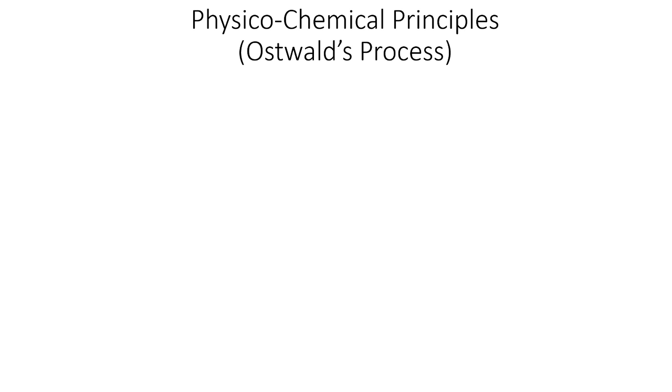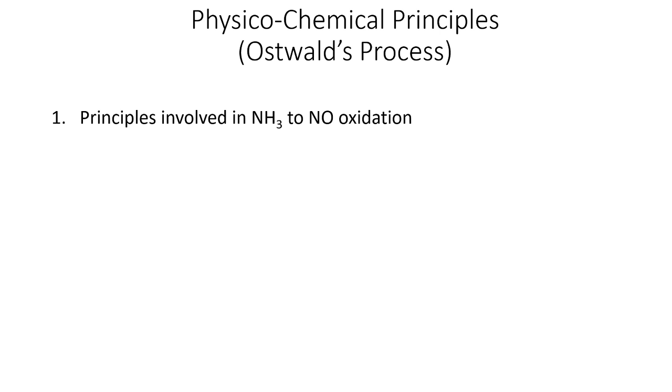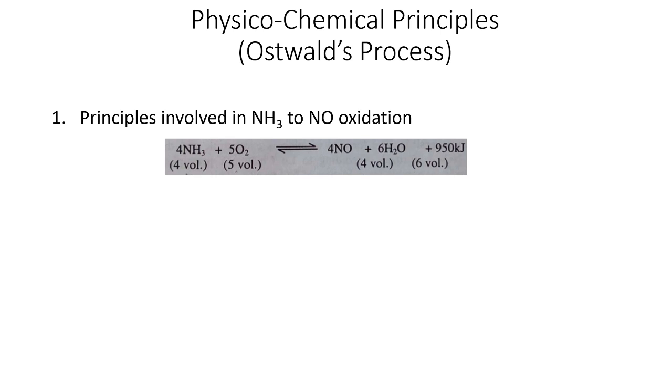We have to discuss here physicochemical process principles for all the three reactions. Under that, in the last lecture, we have started the principles involved in oxidation of ammonia to nitric oxide, and the reaction is like this.